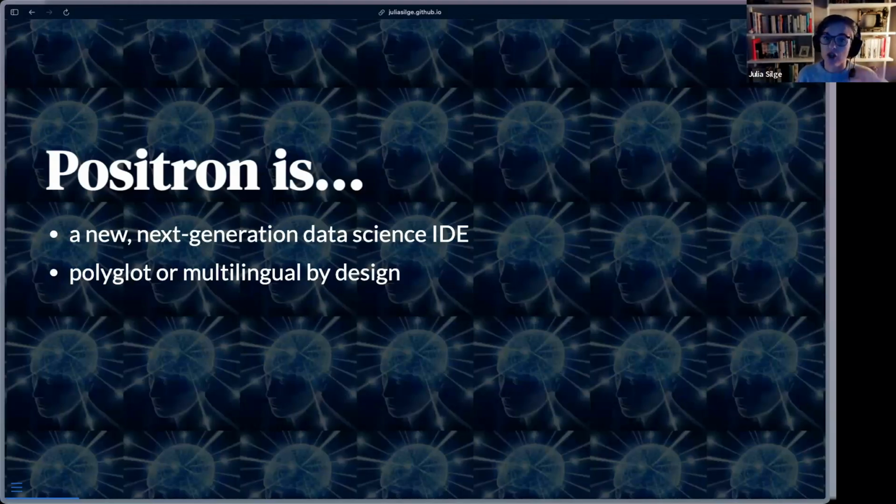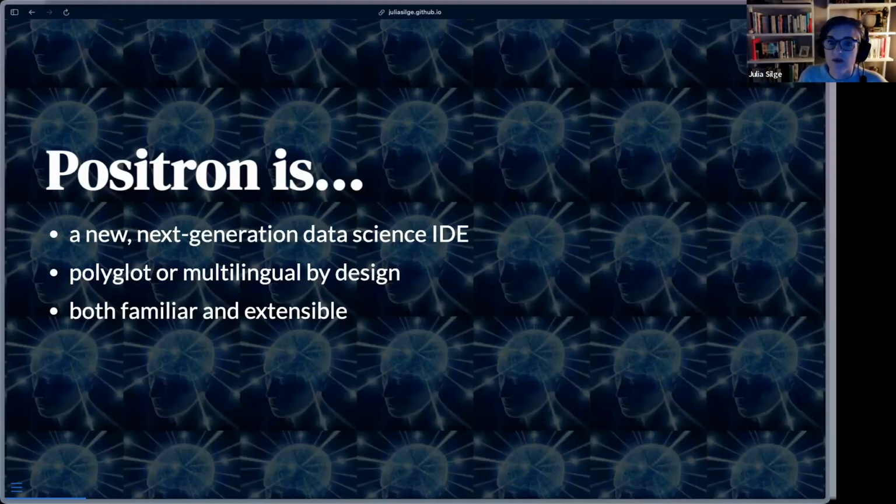So it's a new data science IDE. It's built for multiple languages, and I think for most of you it will feel both familiar and extensible. It's familiar because it is very inspired by RStudio. So if you have used RStudio, you'll see a lot of similar components, a lot of similar parts of the UI.